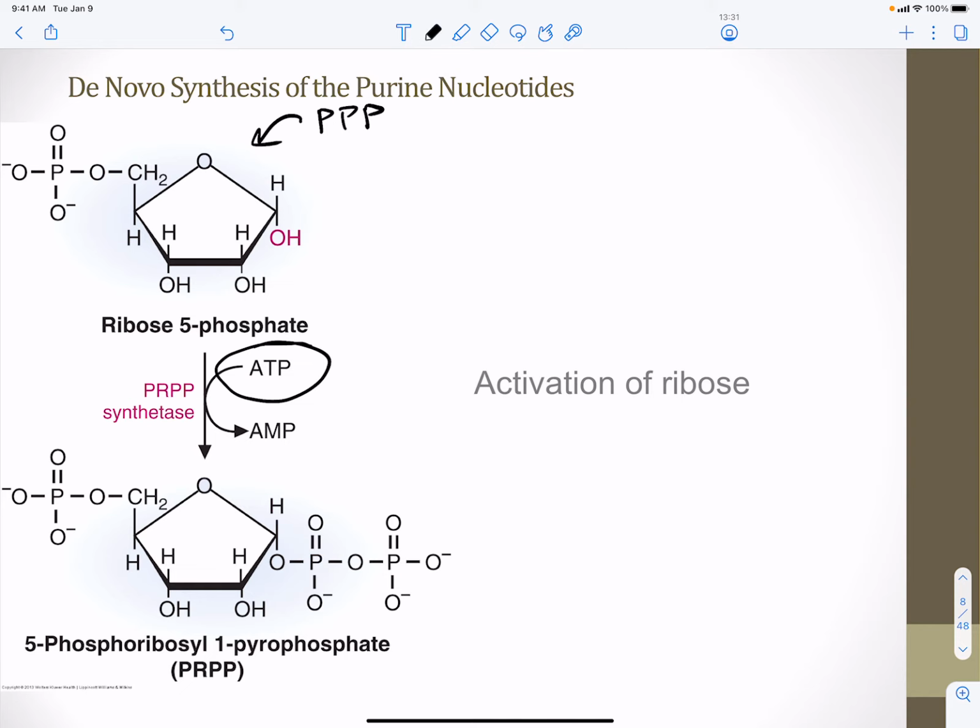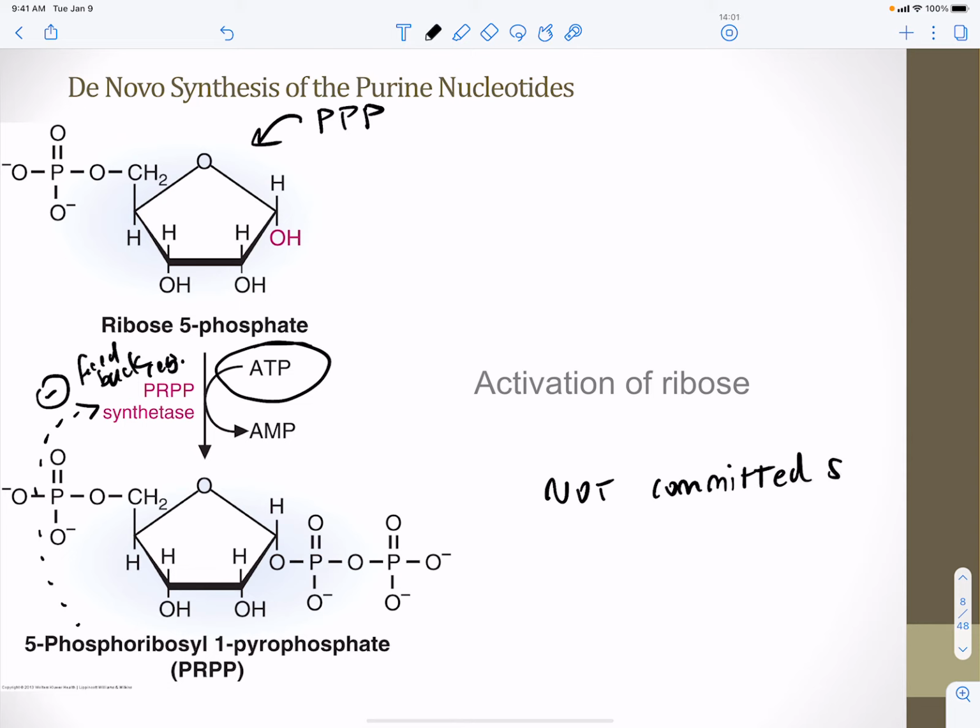The enzyme is going to be the PRPP synthetase, and this is feedback regulated. This is not the commitment step for your purine synthesis.